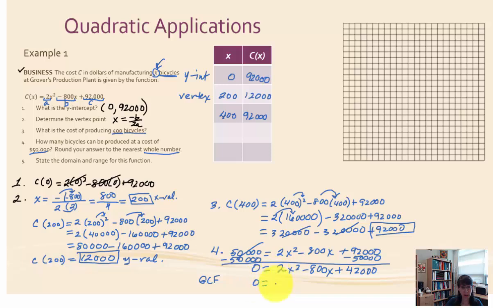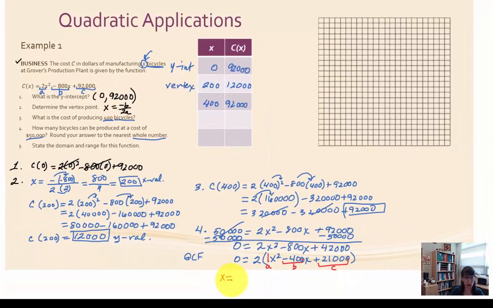If I factored out 2 from each term in this quadratic equation, I would end up with x squared minus 400x plus 21,000. So I have much smaller numbers now to use in the quadratic formula. So a will be 1, b is negative 400, and c is 21,000.